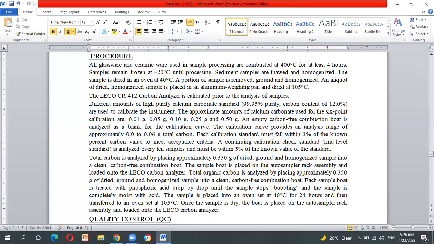Each sample boat is treated with phosphoric acid drop by drop until the sample stops bubbling and the sample is completely moist with acid. The sample is placed into an oven set at 40 degrees Celsius for 24 hours and then transferred to an oven set at 105 degrees Celsius. Once the sample is dry, the boat is placed on the auto sampler rack assembly and loaded onto the LECO carbon analyzer.